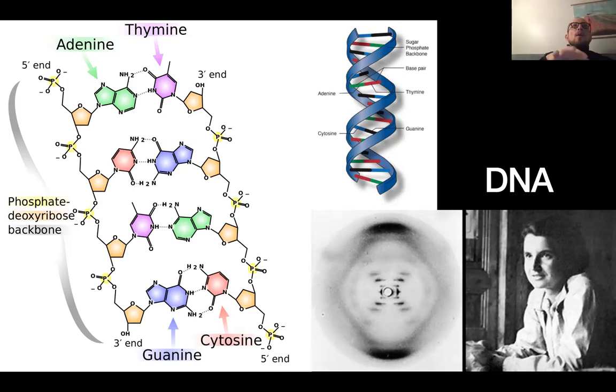So while the chemicals are bonding in the way you see on the left, because it becomes very complicated, most people are familiar with the image on the top right. That's the image of the double helix.